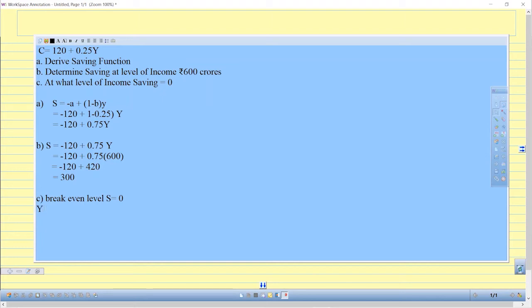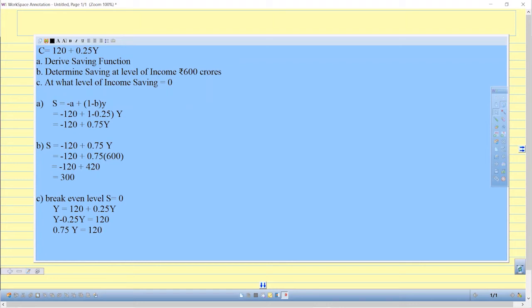As we did in the previous question, Y is equal to this. You can write it as 120 plus 0.25Y, and Y minus 0.25Y is equal to 120. That is 1Y minus 0.25Y, so 0.75Y is equal to 120.